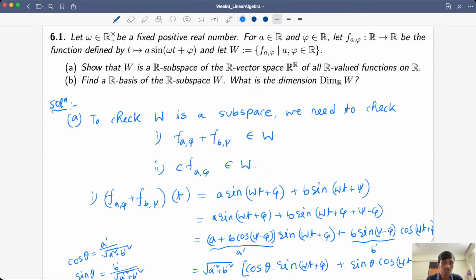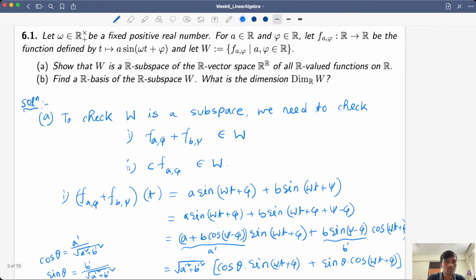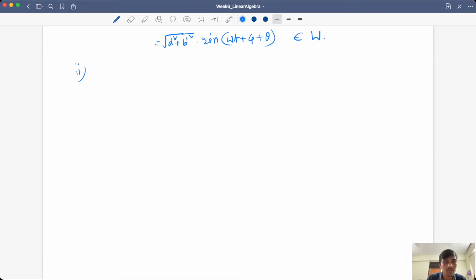Now let's go to scalar multiplication. There again you similarly have, for c times f of a, phi of t, this is by definition c times a sine omega t plus phi.